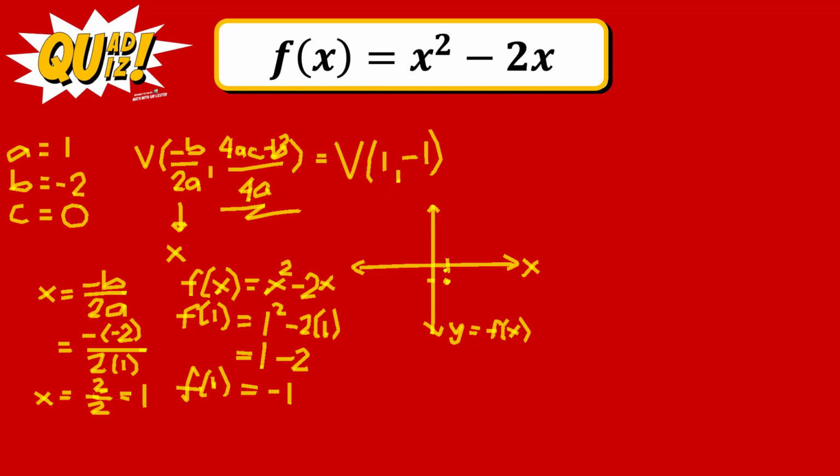Now, let us try to sketch a sample graph of this. Again, this is not the part of this video, but just for illustration. Since our a coefficient is positive, and we know that in our previous video, you might want to review that one, if our a coefficient is positive, our parabolic graph is opening upward. Its concavity opens upward.